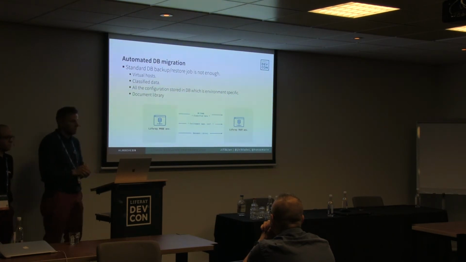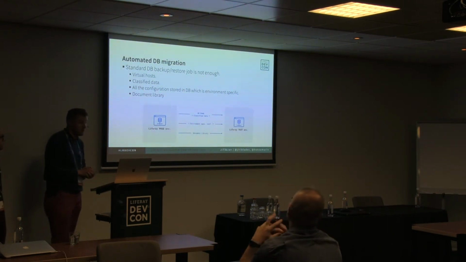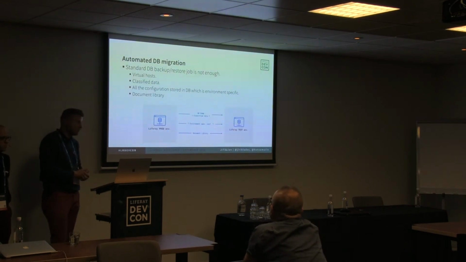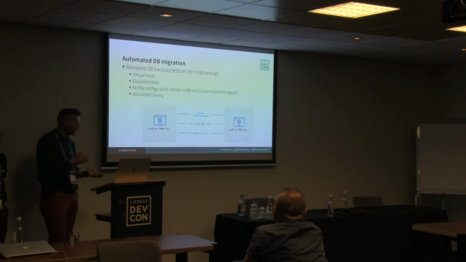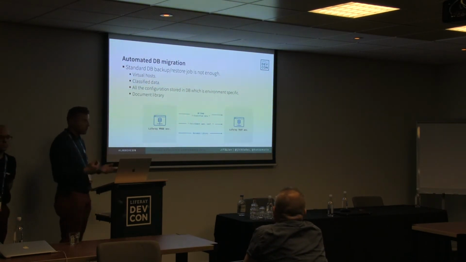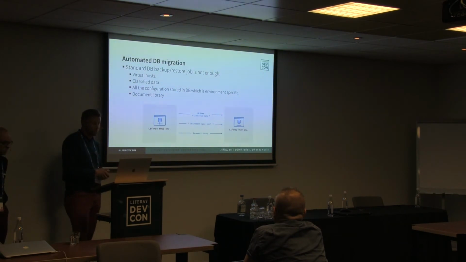Let me talk a bit about the automated DB migration. If you imagine it, you have a relational database, Oracle, Postgre, whatever, below the portal, so it's just a backup and restore procedure. But no, it's not the answer. You need to handle things like different virtual hosts on the production and on the test environments.